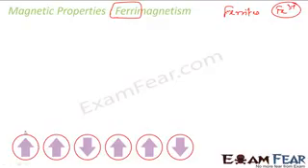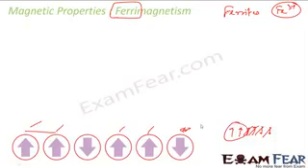If you see, 4 in the top direction and 2 in the bottom direction. So effectively it is magnetic, but weakly magnetic, because 2 will cancel each other and only 2 remain.